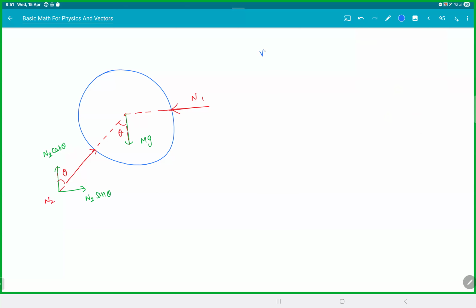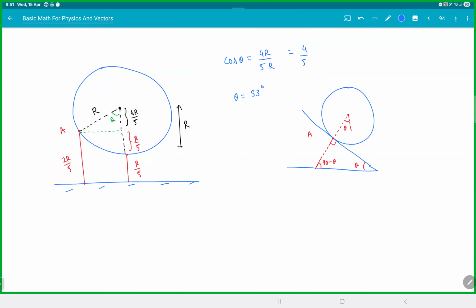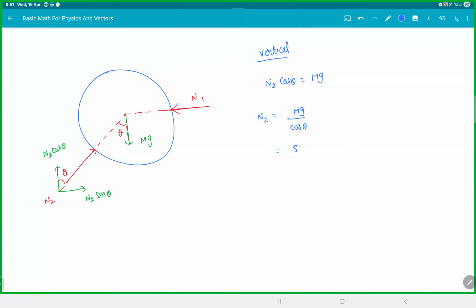In the vertical direction, N2 cos theta must be balancing mg. Therefore, N2 will be mg by cos theta. And cos theta is how much? 4 by 5. That's 5 mg by 4.